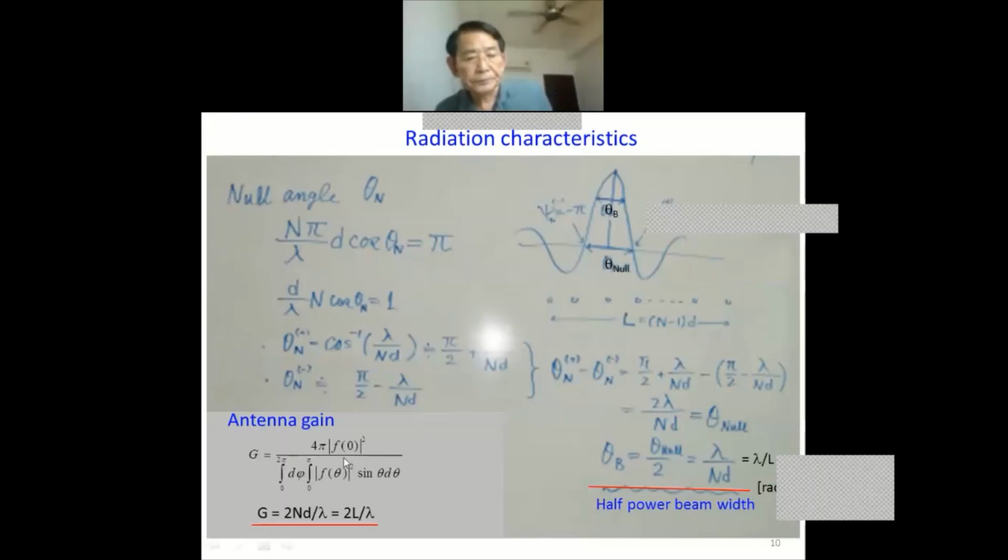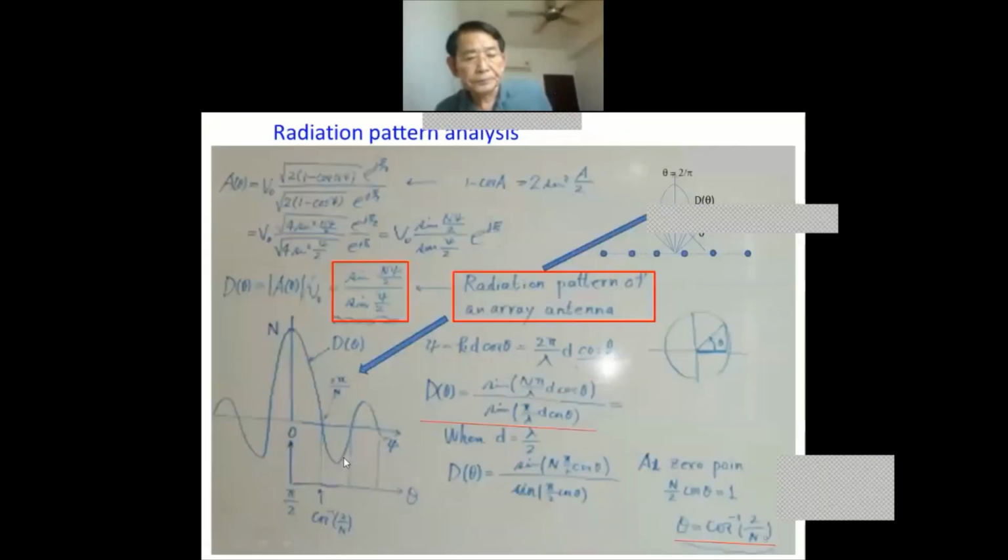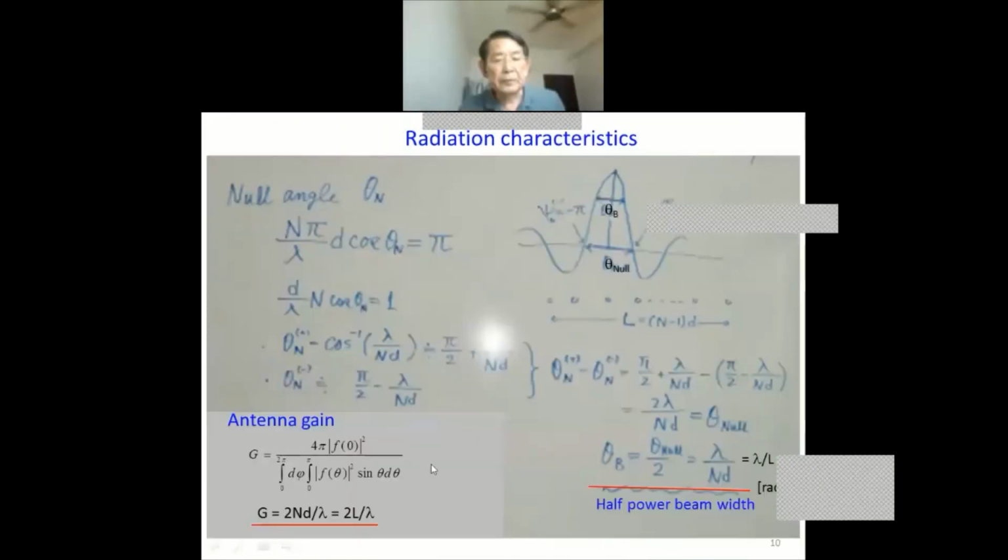So if we calculate by using f theta equals this function, the calculation is not so easy. However, we can obtain a very simple result. G equals 2 times ND divided by wavelength, where ND equals antenna total length.